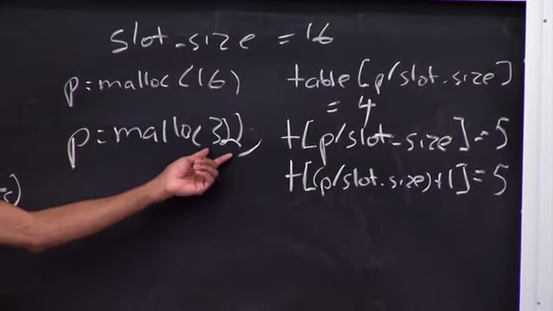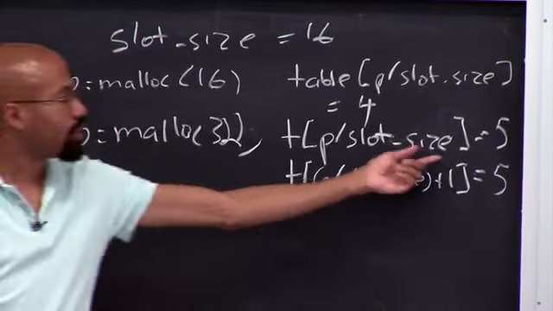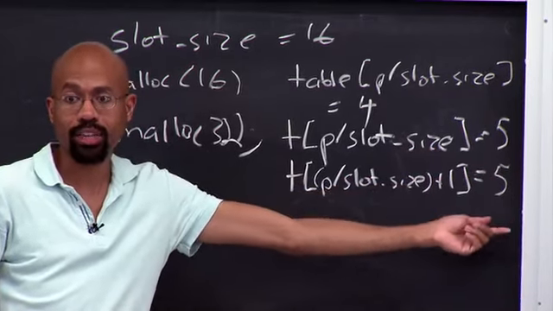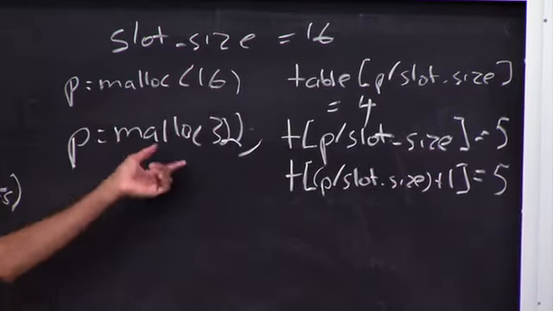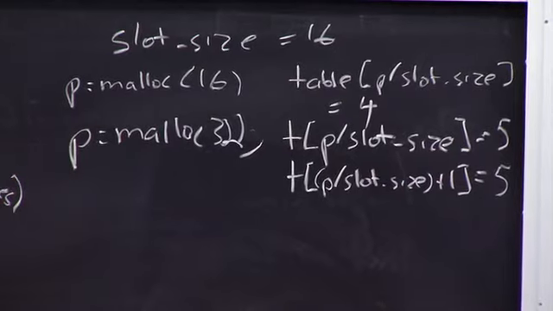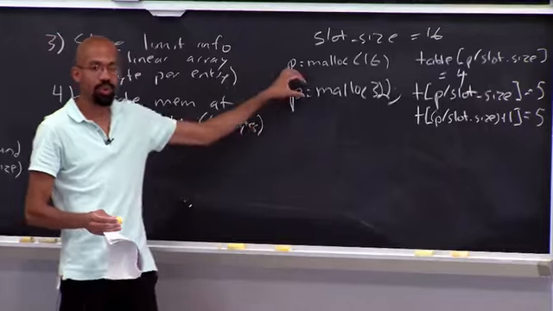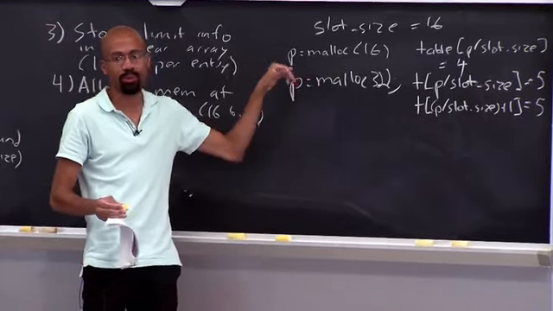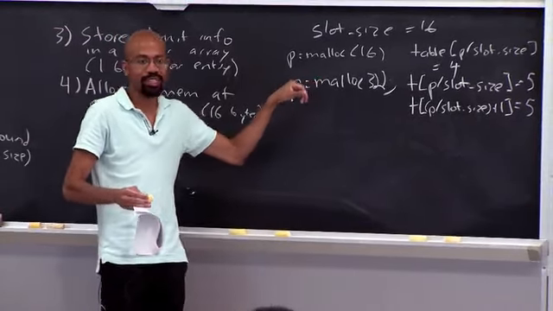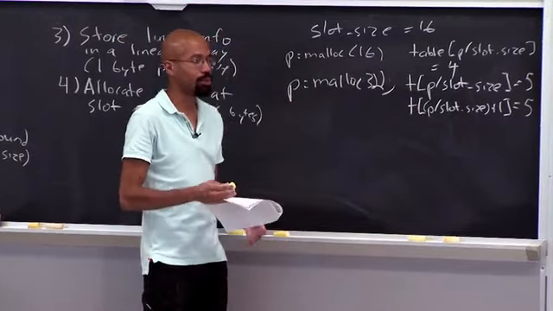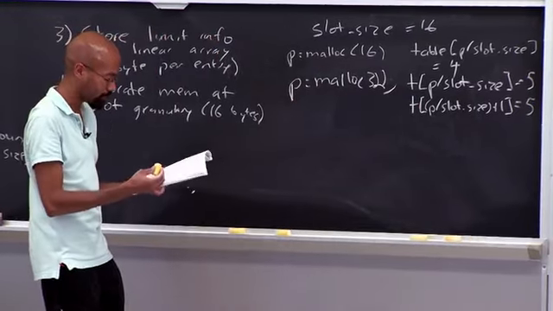Once again, 32 is the allocation size, and this is the log of that allocation size. So for the 2 slots that this memory takes up, we're going to update the bounds table twice. Does that make sense? This is really the key that I think, for a lot of people, makes the paper make sense or not make sense, because you have to update that bounds table multiple times depending on the size of the allocation.